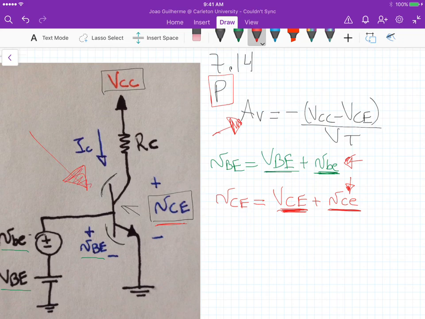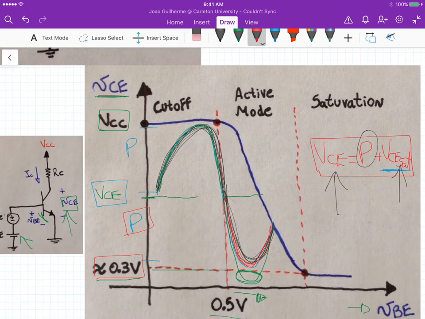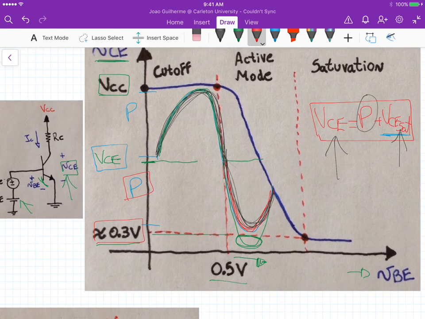Based on the analysis of the VCE and VBE curve, we define that the minimum value of VCE we want is the peak voltage that we want at the output plus the saturation voltage. So we need to overcome this VCE sat to guarantee that once you have minus P here, it doesn't go to the cutoff region, so it doesn't turn off the BJT.